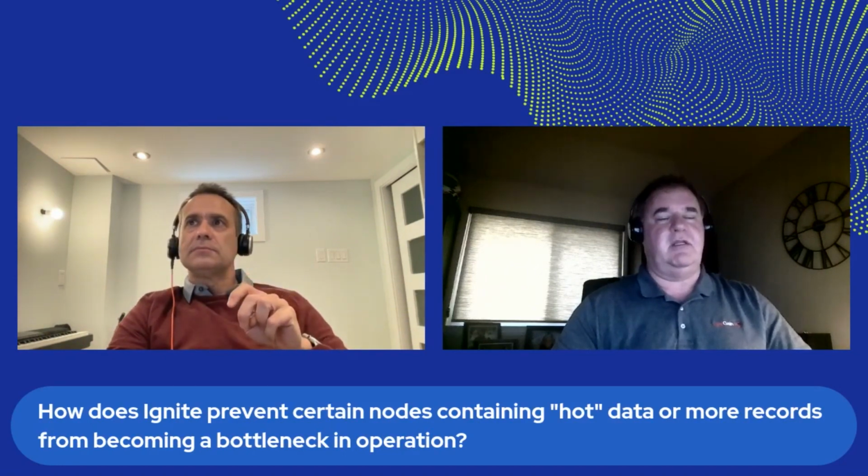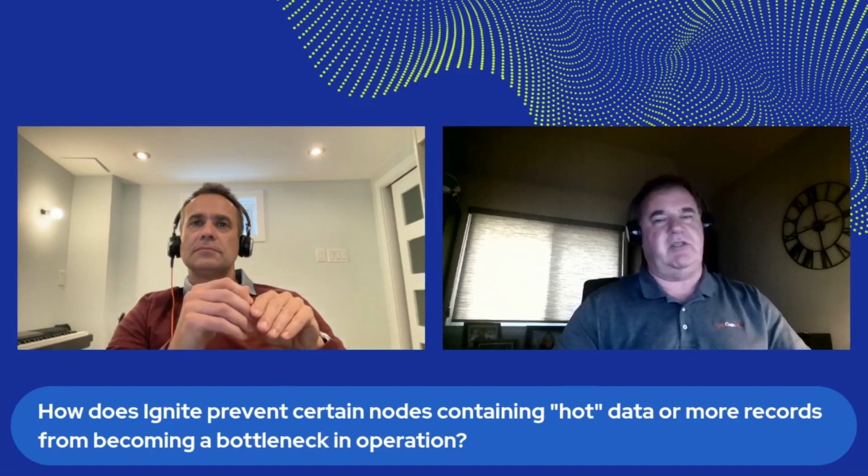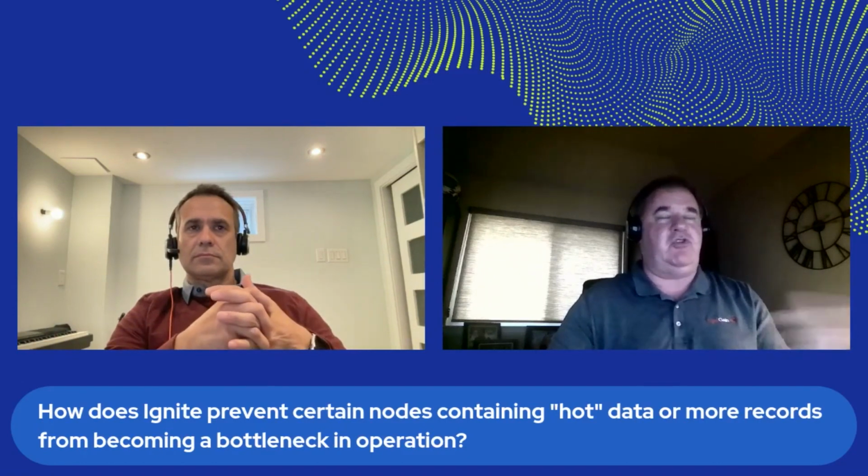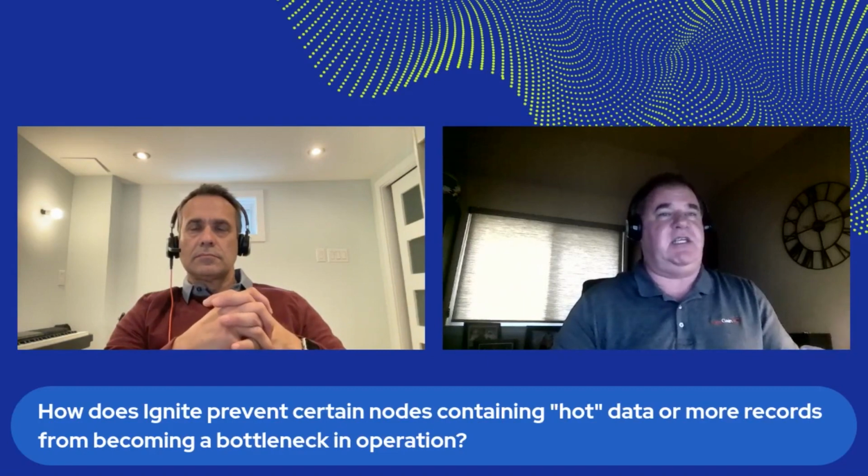So Ignite will tend to distribute all data approximately uniformly over a cluster based on a hash of the primary key. That means that two records that come in have differences in the primary key, so some of those new data elements are going to go to one host, some of them will go to another host.